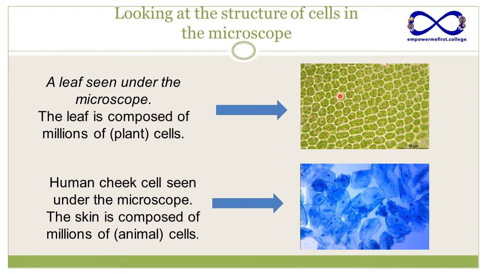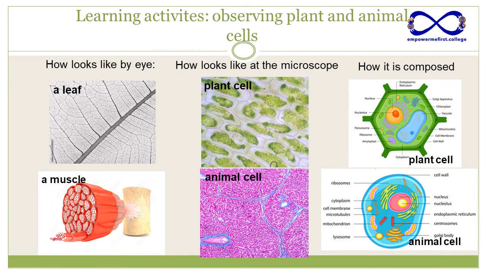Okay, so again, plant cell and animal cell. And again, just a learning activity, observing plant and animal cells, how they look by eye, so a leaf or for example a tissue, our muscle, and how it looks under the microscope.